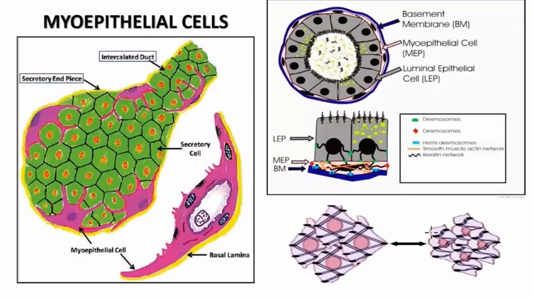The myoepithelial cells are found between the basal lamina and the basal membrane of the secretory cells of the end pieces, and also around the intercalated ducts, though to a lesser extent.